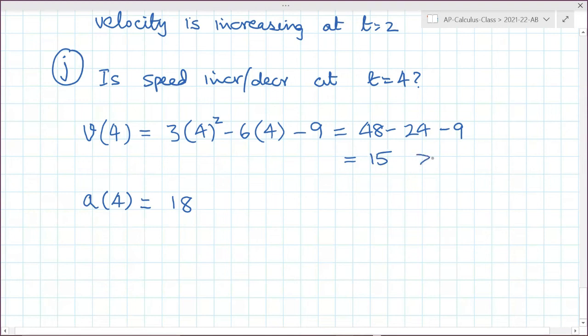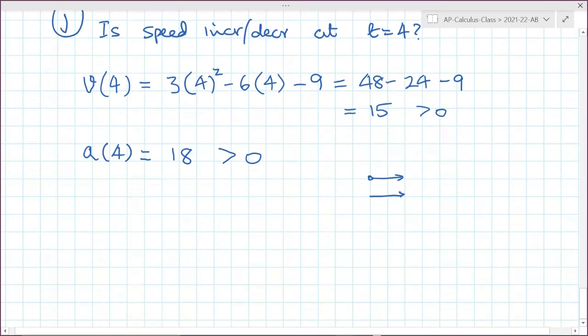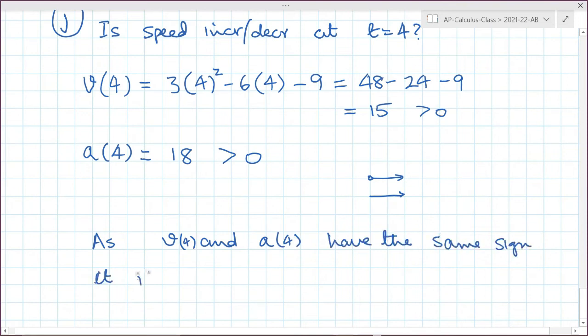This is positive, right? This is positive. Speeding up because it is moving to the right and also accelerating to the right. So as velocity and acceleration at 4 have the same sign, it is speeding up, or speed is increasing.